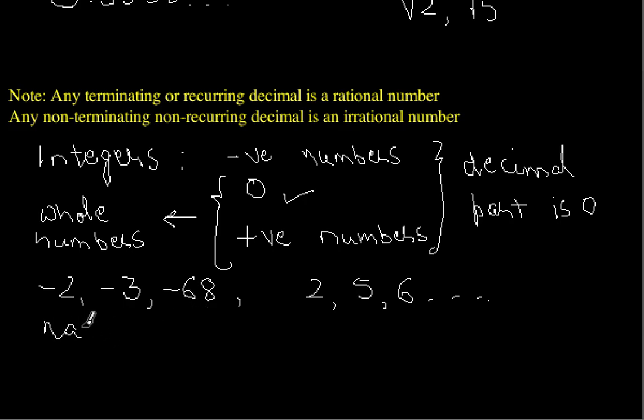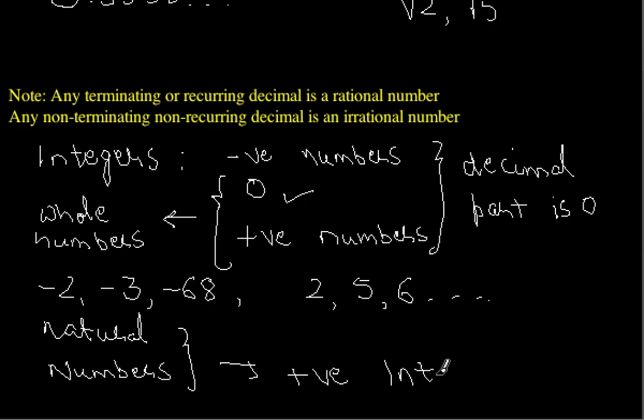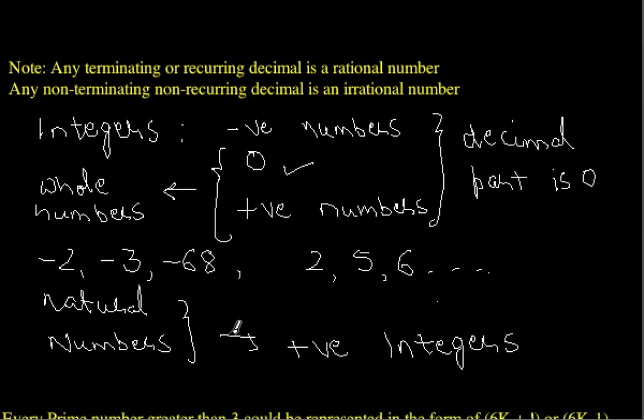And the natural numbers are those which are positive integers. So we are not taking any 0 in that case. That's the difference between whole numbers and natural numbers. The only difference is that whole numbers contain 0 and natural numbers do not contain 0. They only have the positive integers.